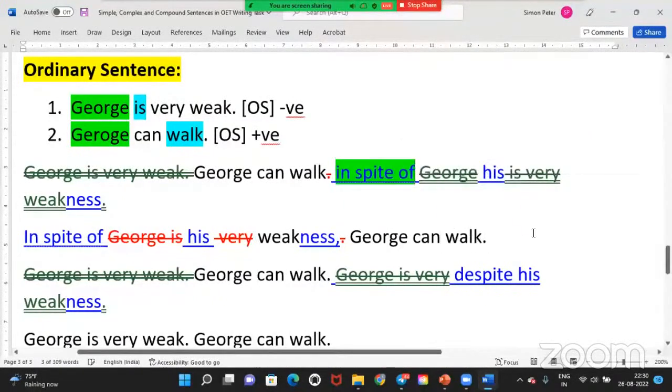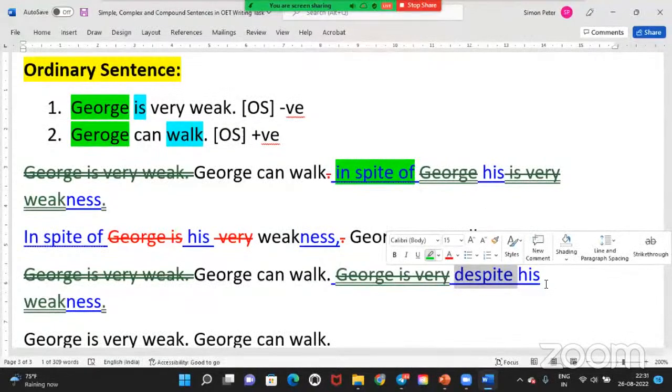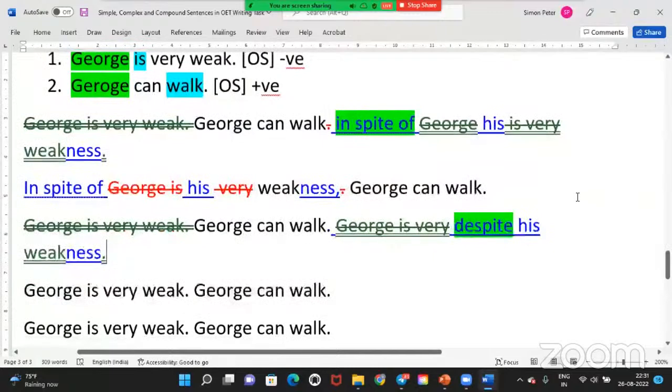That's all, nothing else. So "George" became "his" and "weak" became "weakness". So noun removed and put pronoun. Adjective removed and put noun, weakness. That's it. George can walk despite his weakness.